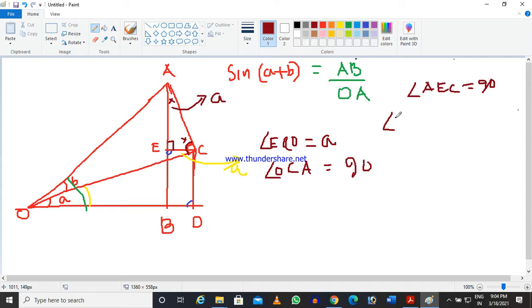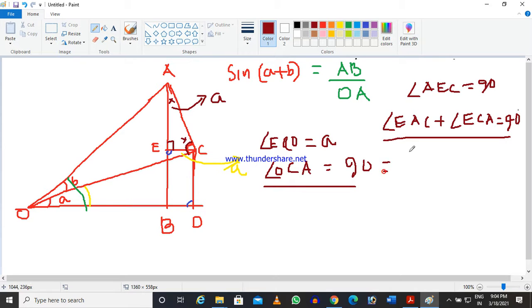So angle EAC plus angle ECA is 90 degrees. So this is 90 degrees and this is also 90 degrees.